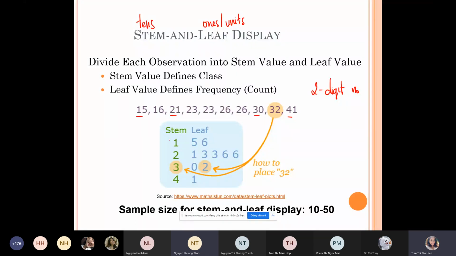That's all. It is the stem, a different value for each tens place. And for the leaf, you put the ones digit, and remember to order them from the smallest to the biggest.